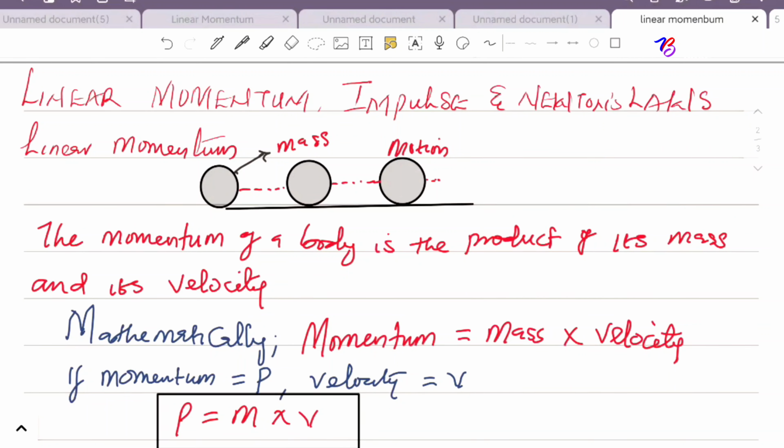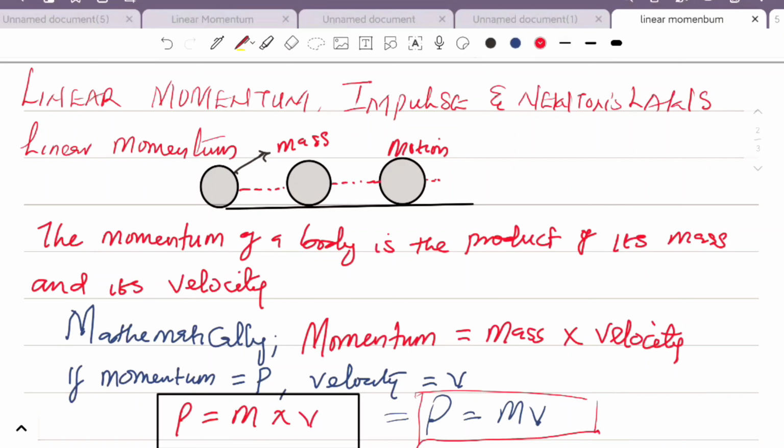As college students, momentum is equal to mass multiplied by velocity. I had to circle this so that you take note of it. We can label this as equation 1, one of the most prominent equations. We'll recall this later as we proceed.